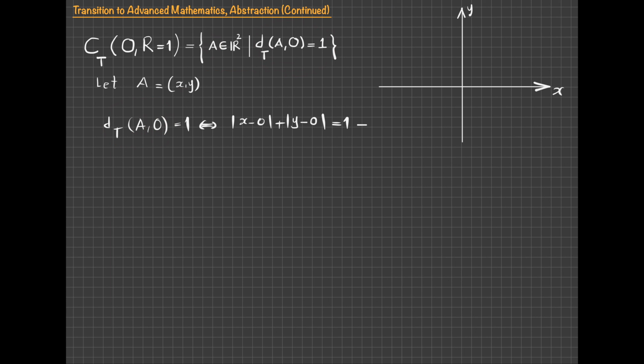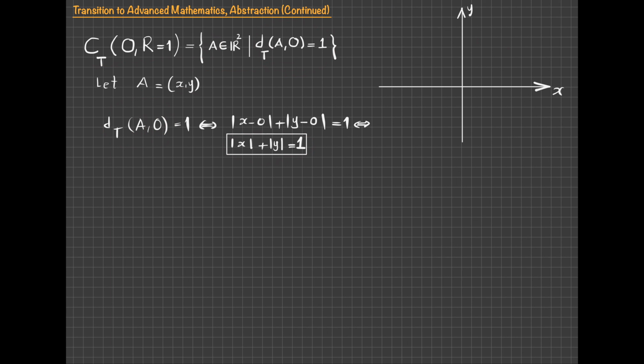And this can be simplified to this equation: absolute value of x plus absolute value of y equals 1. Yes? So this is the equation that I get. If I can represent all the points whose coordinates x and y satisfy this relation, then the graph of this circle manifests itself on the coordinate system.